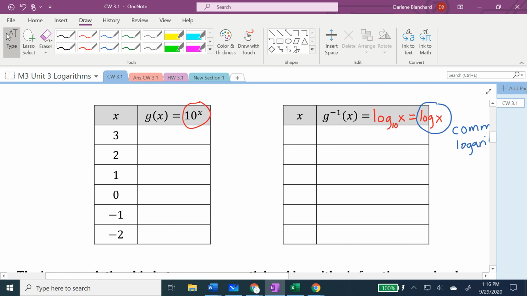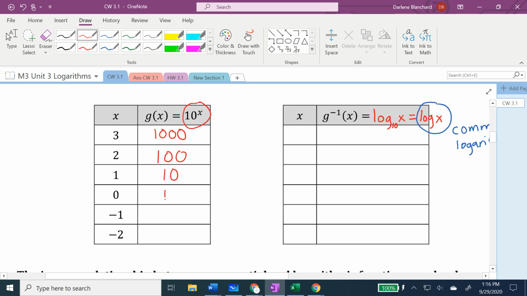Now, we got some numbers. What is 10 to the third power? What is 10 squared? 10 to the 1? 10 to the 0?